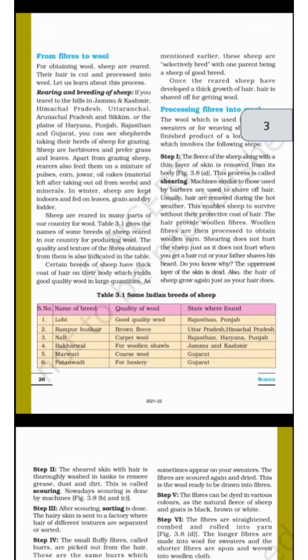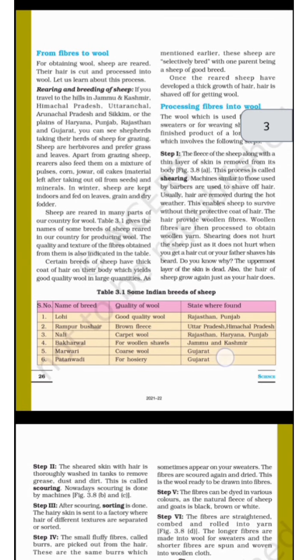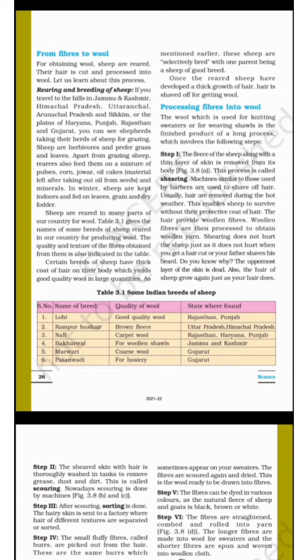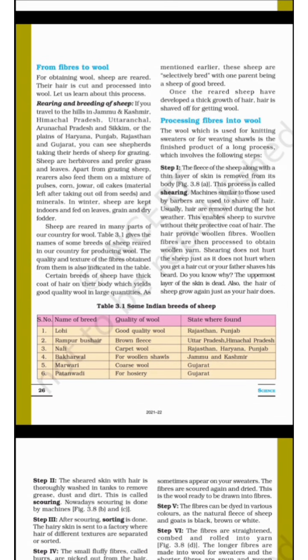And Patanwadi will give wool for making hosiery. Hosiery means leg wear. For making leg wear, we can use the wool from Patanwadi. And we can find the Patanwadi in Gujarat. These are the names of breeds, the quality of wool, and the places where we can find these sheep.